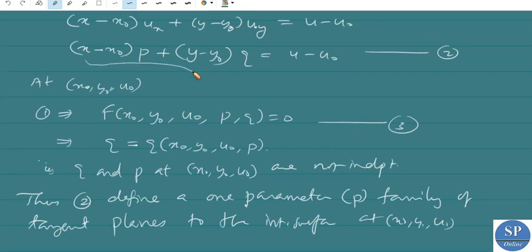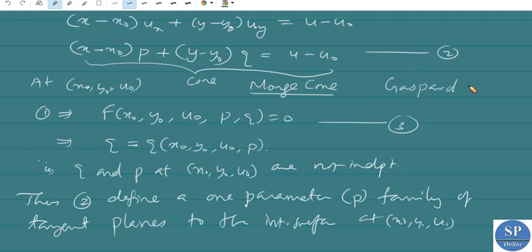Such a family defines a cone which is called the Monge cone. This name is given to honor the French geometrician Gaspard Monge. So this family of tangent planes defines a cone, called the Monge cone.